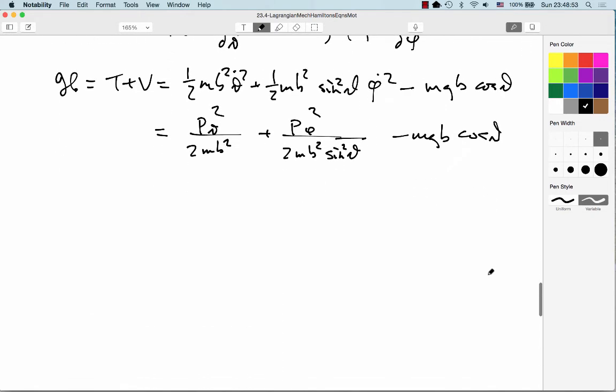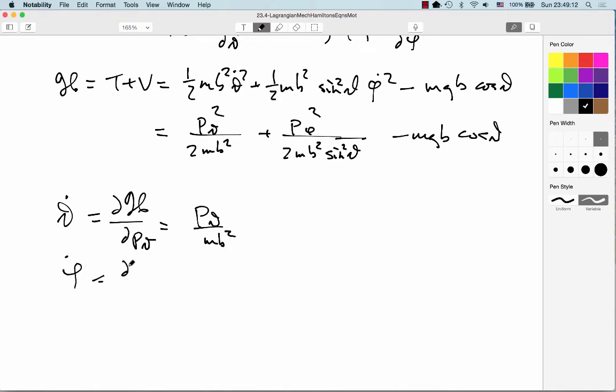So there you go. Hamilton's equations become theta dot equals partial h partial p theta, which is equal to p theta over m b squared.